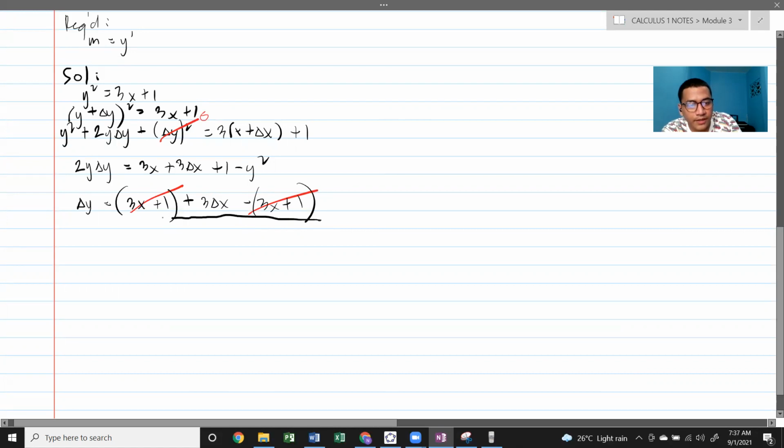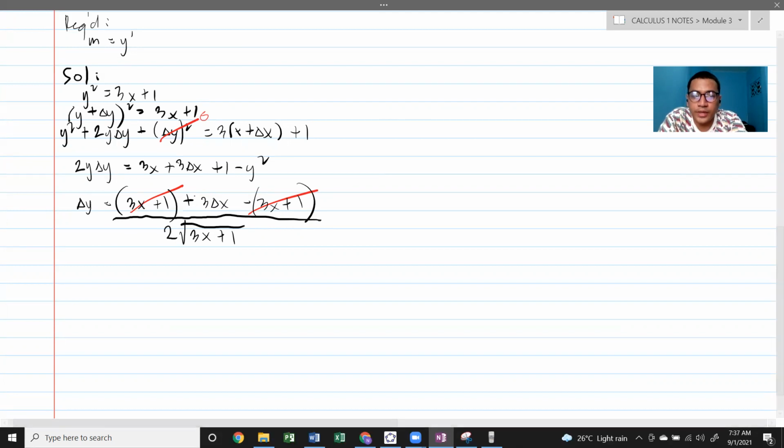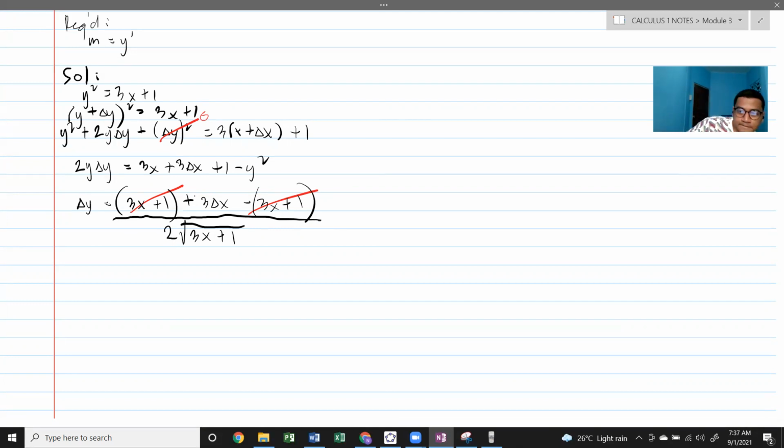And then we divide it by our 2 delta y. But what is the value of y? Of course, we have square root of 3x plus 1. Here, let me first clarify, class, that when we get the square root of our function, the right side must be plus or minus square root of 3x plus 1.